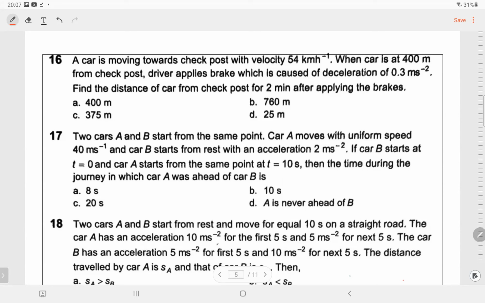In the first 2 minutes we have to find the total distance covered, and then that has to be subtracted from 400.